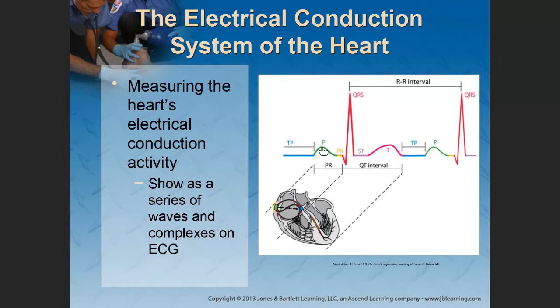Now, the first thing that you need to know is that wherever you see a flat line on your ECG, it represents no electrical activity, or a decrease in electrical activity. That's the first thing you need to note. Flat line represents no electrical activity or a decrease in electrical activity.